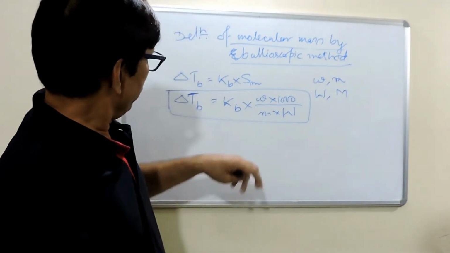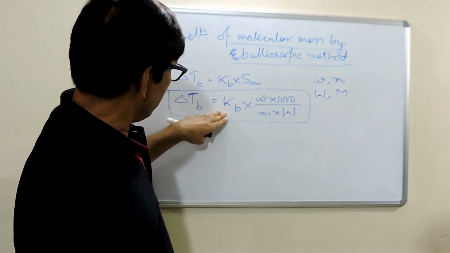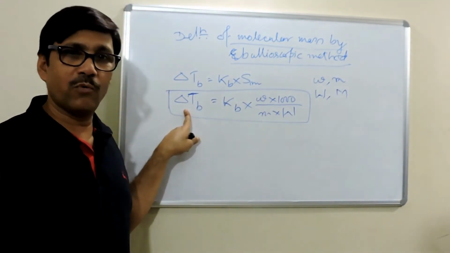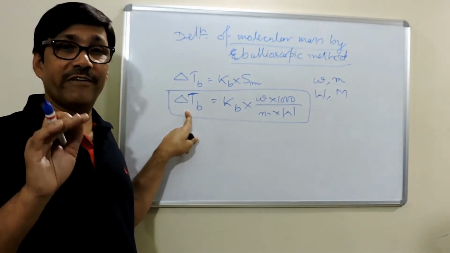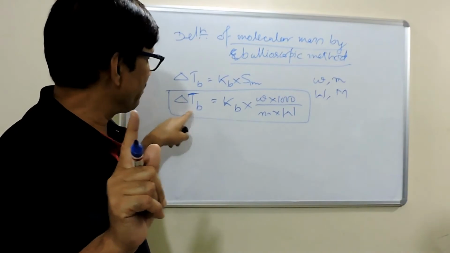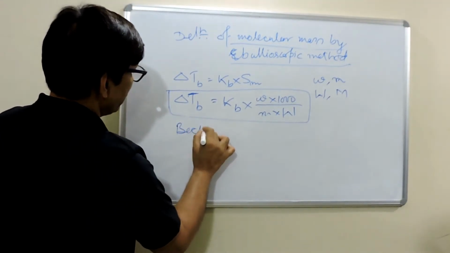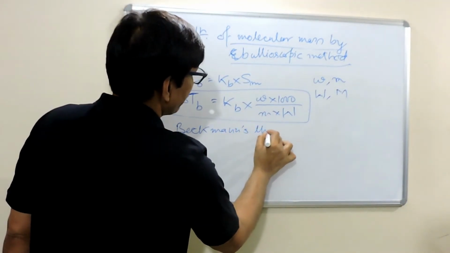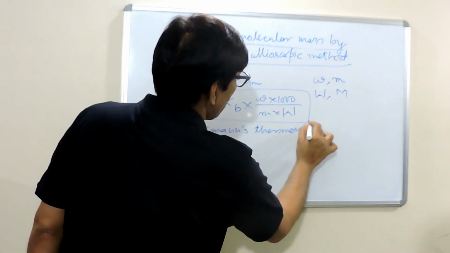So when we have to go for molecular mass determination, we have to measure the elevation in boiling point, and to measure it we have to use a very sensitive thermometer. One of them is what is called Beckmann's thermometer. We use Beckmann's thermometer. Okay.